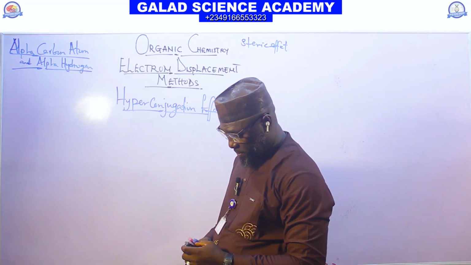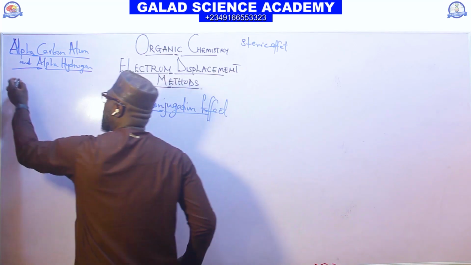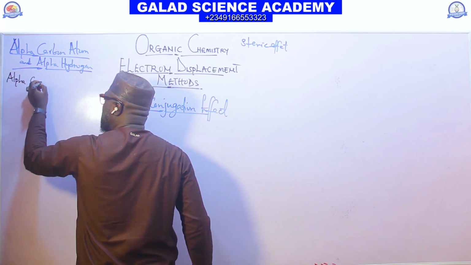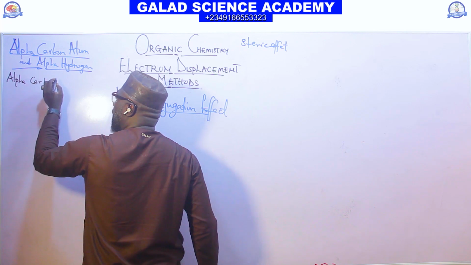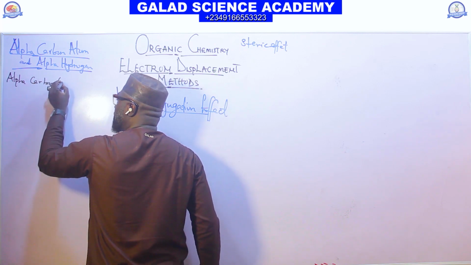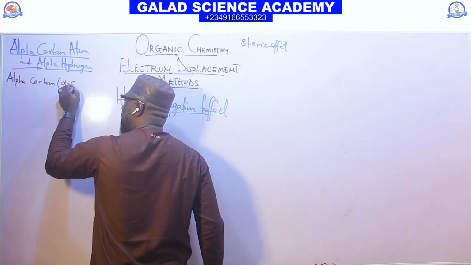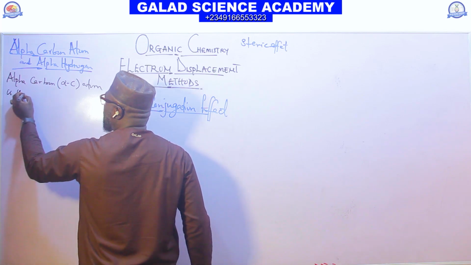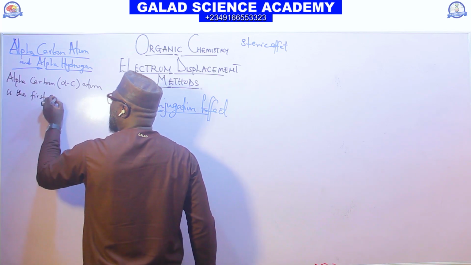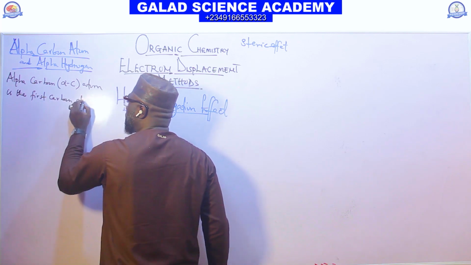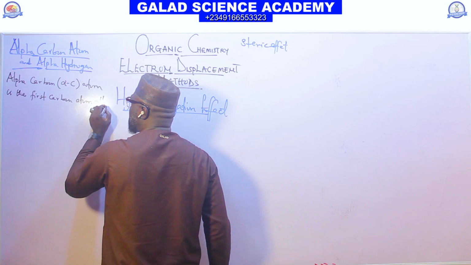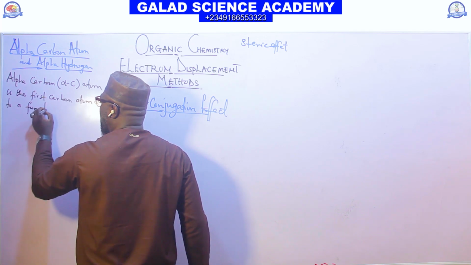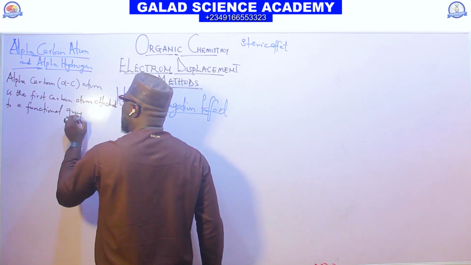Alpha carbon atom is what? This symbol alpha, carbon atom, is the first carbon atom attached to a functional group.